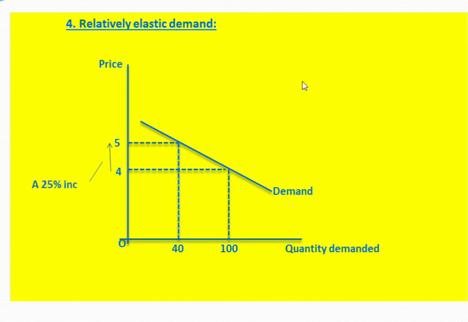Here, a 25% increase in price leads to what? It leads to a 60% decrease in quantity demanded. That means a small change in price results in a large change in quantity demanded. So it is relatively elastic demand. Now, the last one. What is the last one?